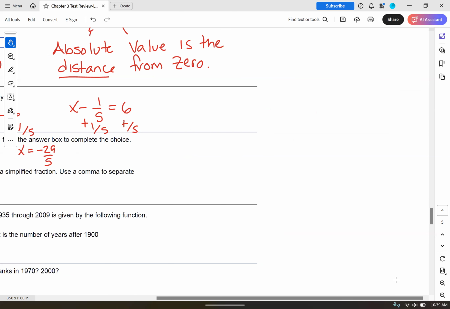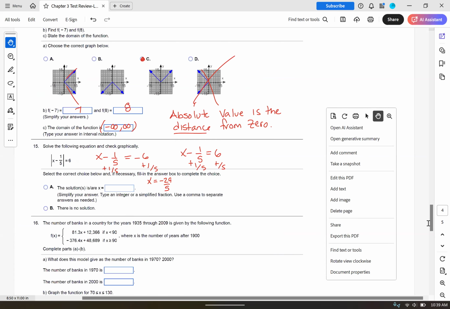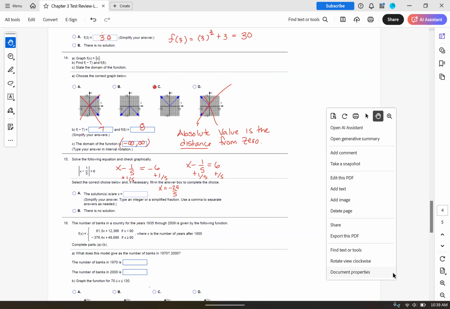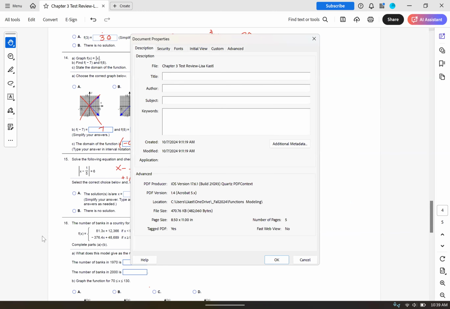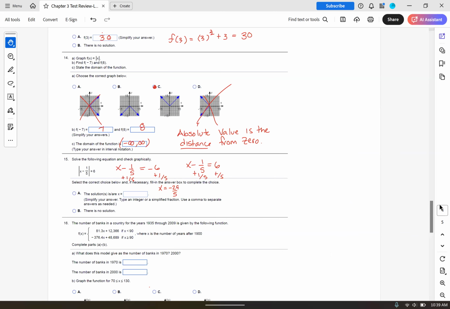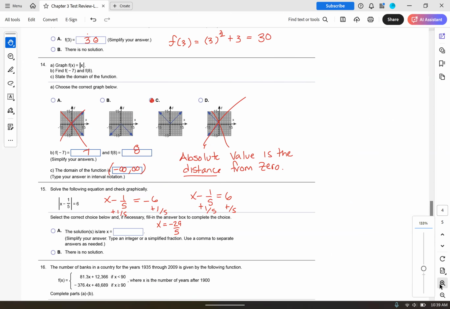Blow it back up a little bit. Okay, so what's that going to be?